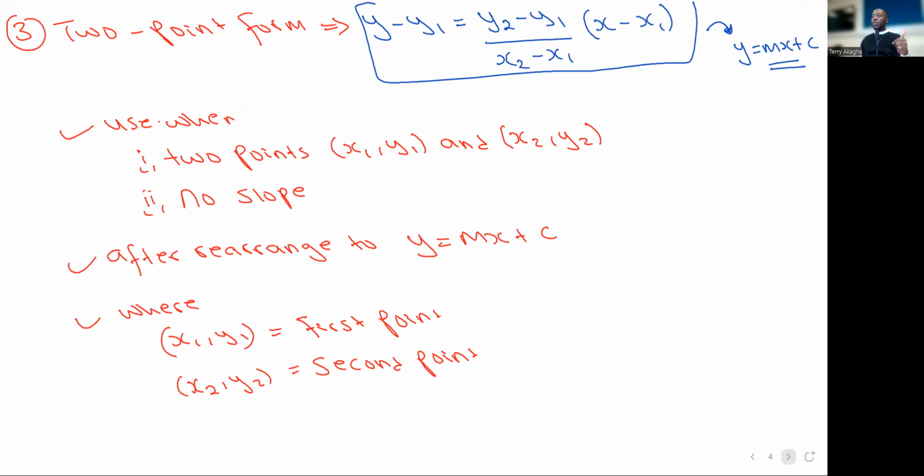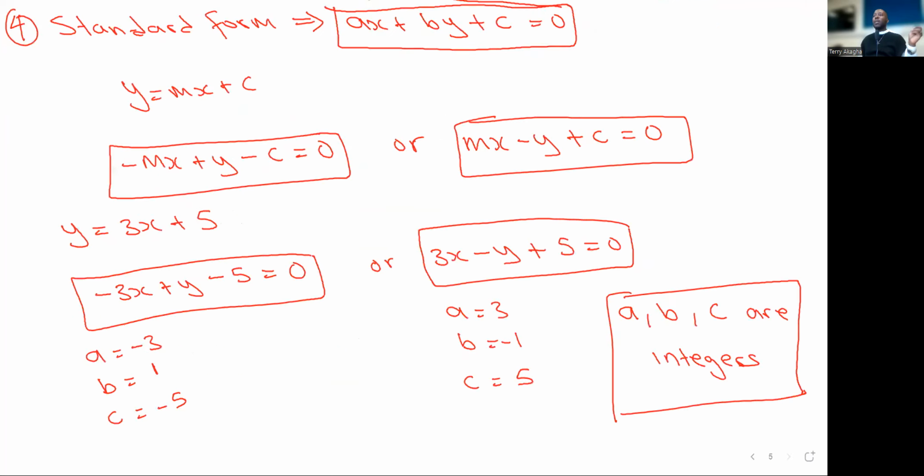So you use y minus y1 equals y2 minus y1 divided by x2 minus x1, times x minus x1. And the standard form, we have the ax plus by plus c equals 0, all right? So regardless of the form, even if it's a standard form, usually we always prefer to write our answers in the slope-intercept form, unless the question suggests otherwise, okay?